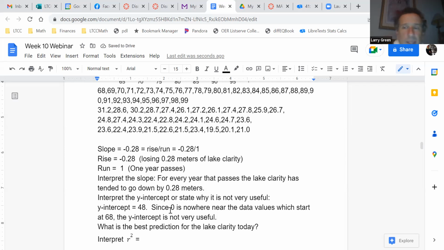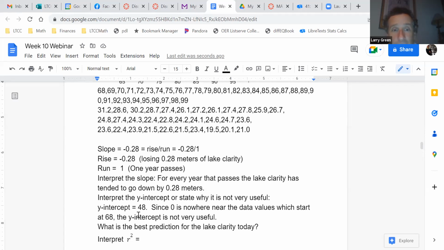Okay. If it was kind of close to the data values, then you would say that your best prediction for what the lake clarity was in the year 1900 is 48 meters, because that's our y-intercept, because you have 0, 48. But in this case, it really doesn't make any sense. Any questions on that? There's a lot of reasons why the y-intercept will be useful or won't be useful. If it's nowhere near any of the data values, it's not useful. If it makes no sense, it's not useful.